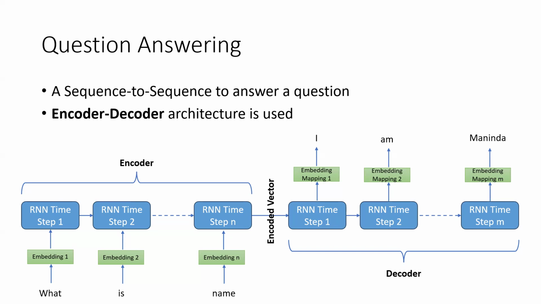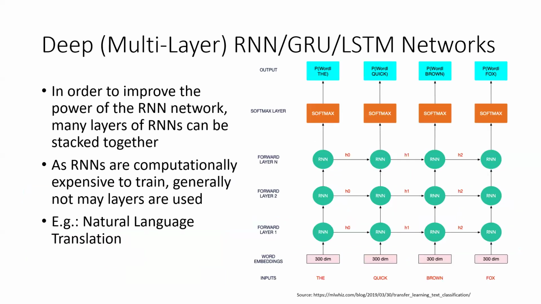It can be a GRU network or an LSTM network, but we refer to them as RNN networks. Here we are not just converting these words into word embeddings and giving them to a single-layer RNN, but there are multiple layers of RNNs. These are known as deep recurrent neural networks.